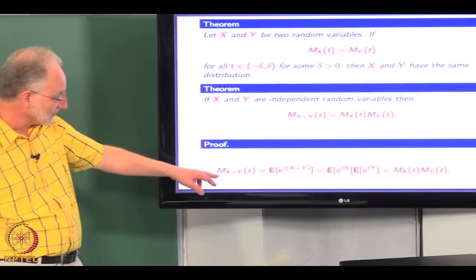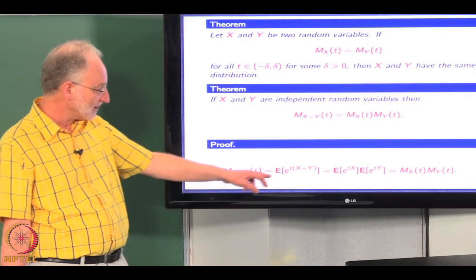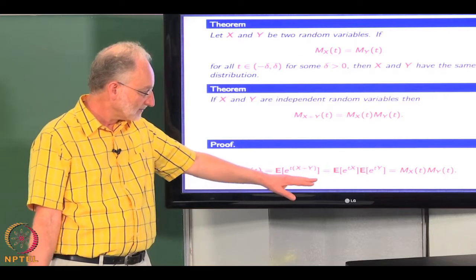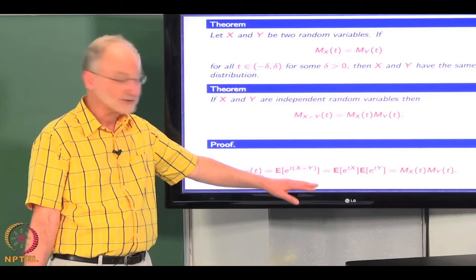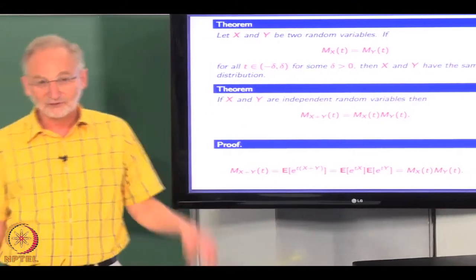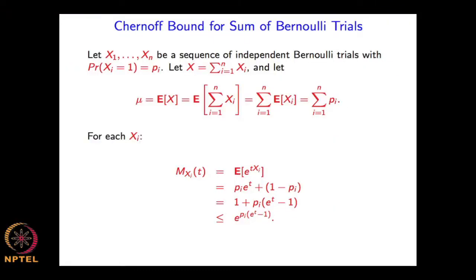That's actually very simple, because the moment generating function of X plus Y is E[e^{t(X+Y)}], and if they're independent, you can take the product of the expectations. We're just going to use it in a second. One thing to remember is that it's not magic that we go to this e^{tX}. We're using the moment generating function, and now we expect to get a better, stronger bound.